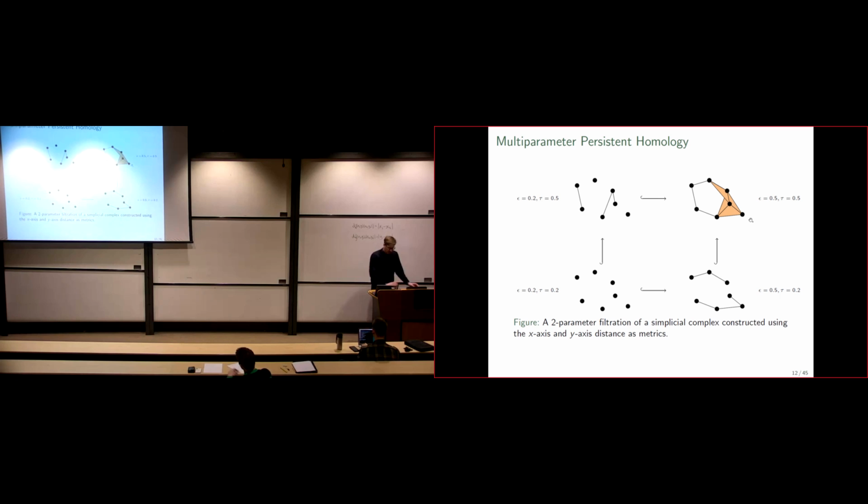Now one thing I want you to note here is that the filtrations for the different metrics are different, right? In the x direction we get these two components. In the y direction we get these 4 components instead.